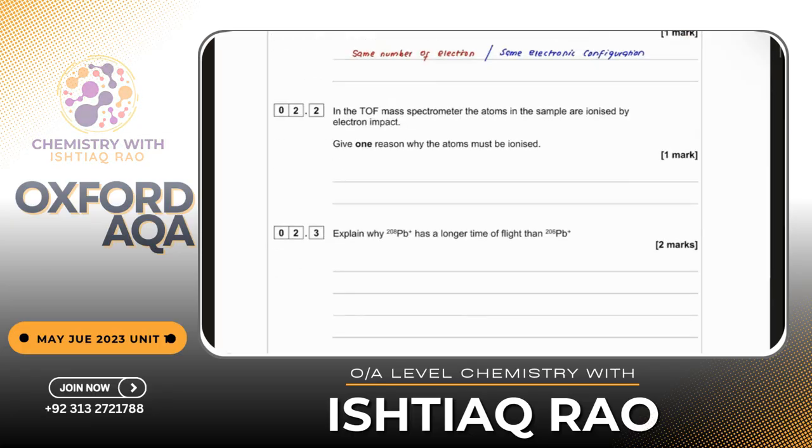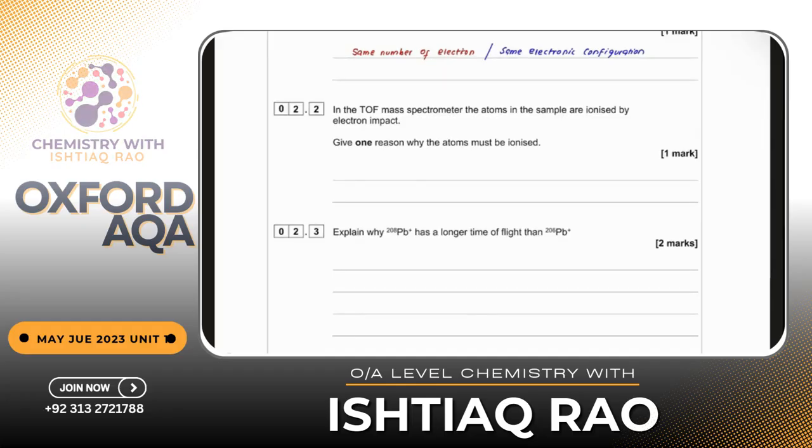And in 2.2, they are saying give one reason why the atoms must be ionized. If you remember the concept of mass spectrometry, mass spectrometer only determines the cation, not a neutral atom and not an anion, in fact.